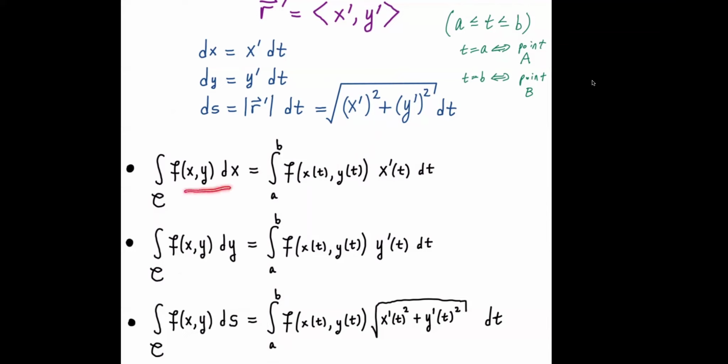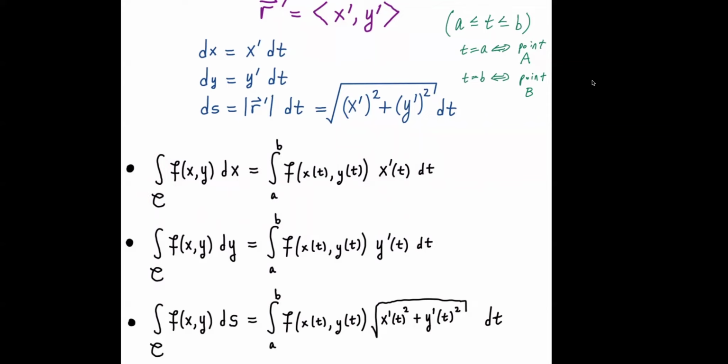Sometimes you want to integrate a function against dx. However, you want the points that you're summing over to be along a space curve. Okay, so we want to take this curve, but then at each point on the curve, we're going to evaluate this sort of an expression. And I'll show you how such things show up.